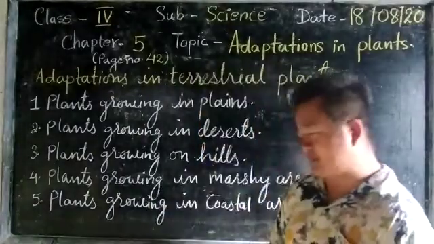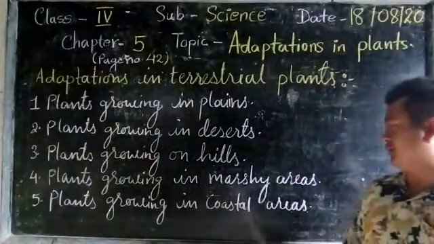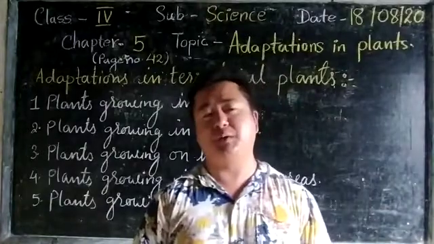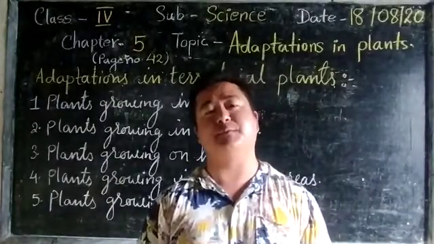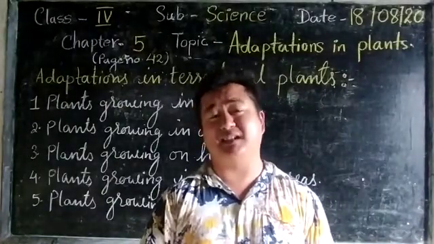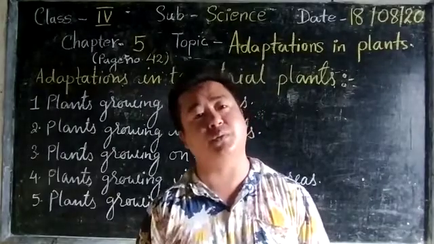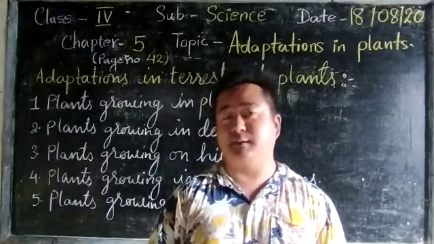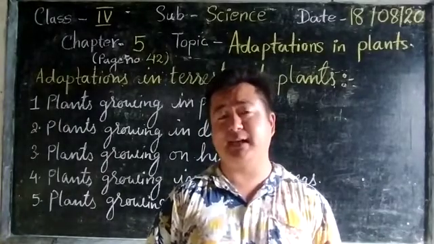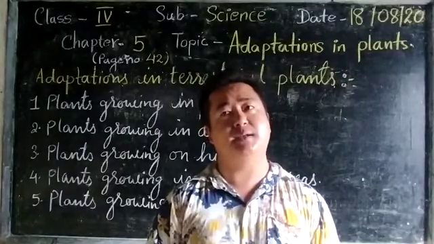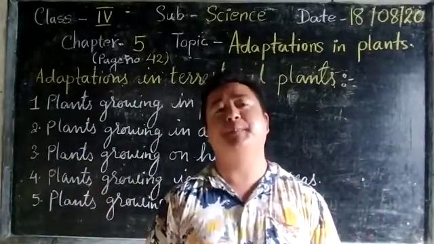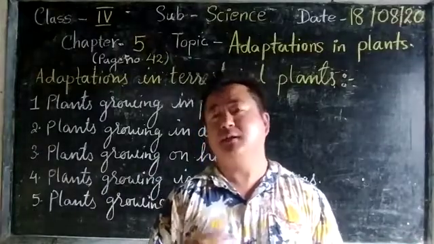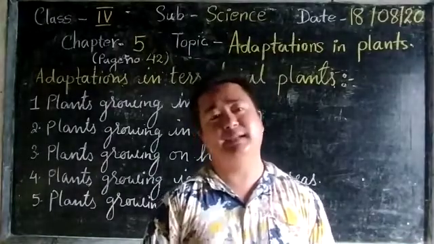And the last one is plants growing in the coastal area. The coastal area experiences a very hot and wet type of climate, and as it is very close to the sea, the soil is very saline or salty, and it is a very windy area, so the trees have to adopt the following characters.